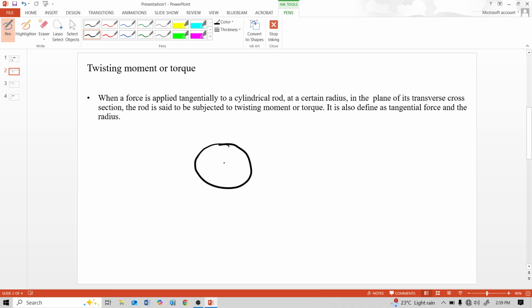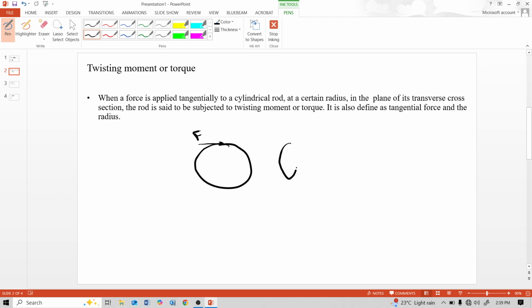This is the circular section, and a force, consider it as F, acts tangentially to the cylindrical rod at a certain radius in the plane of its transverse cross section.